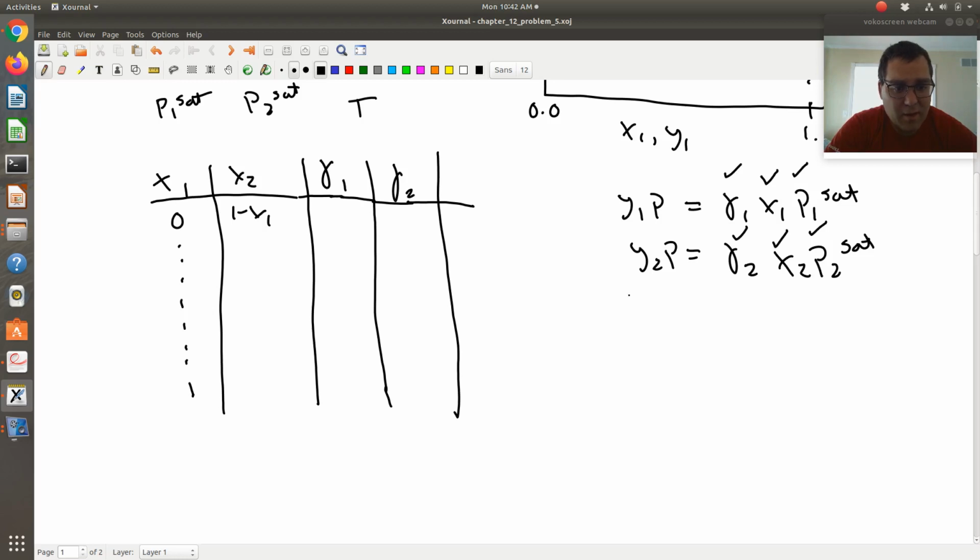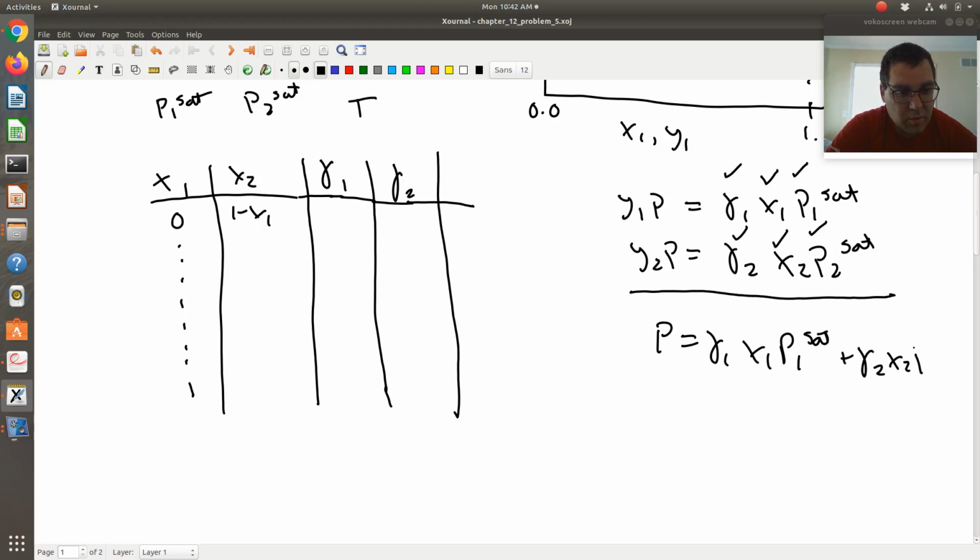I could just do a bubble P calculation. The easiest approach is to add these two equations together. If I add them, y1 plus y2 is 1, and so I just get P is equal to gamma 1 x1 P1 sat plus gamma 2 x2 P2 sat.